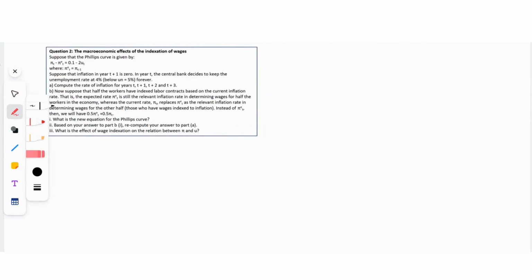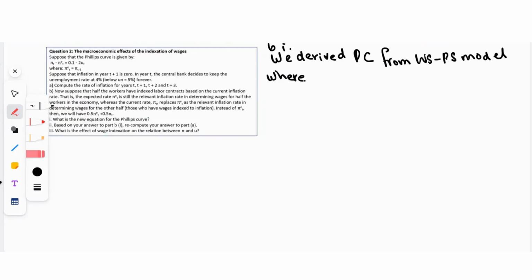So how in the text do we derive the Phillips curve? We derive it from a WS-PS model. So we're doing B part 1. We derived the Phillips curve from the WS-PS model without the assumption that P is equal to P expected.